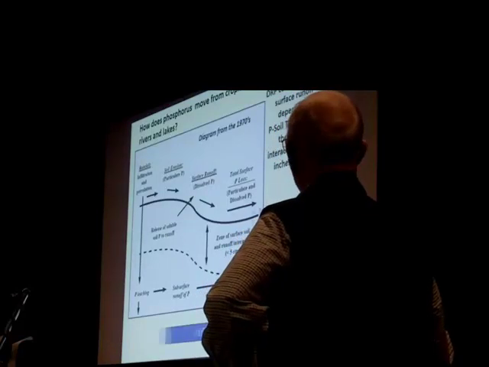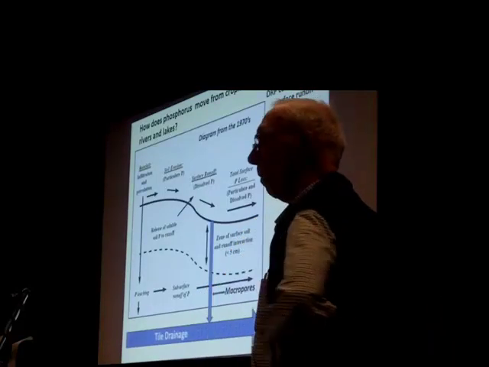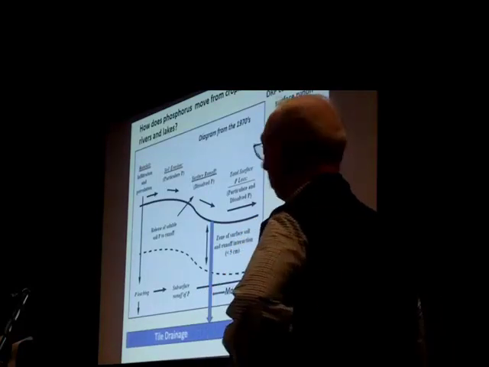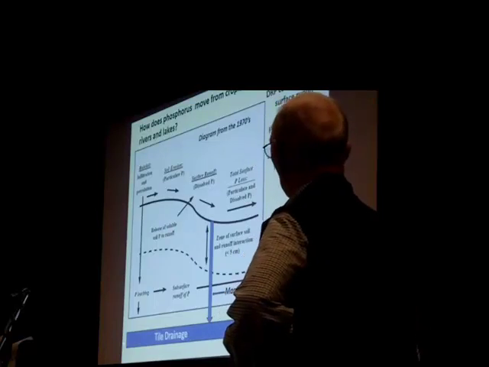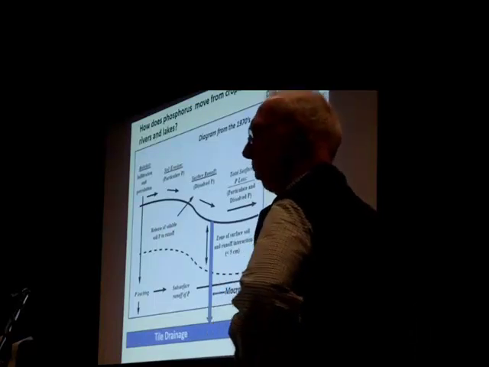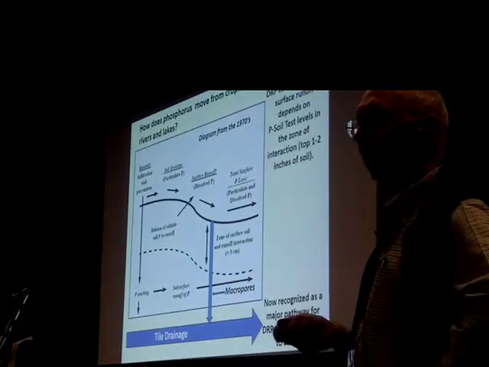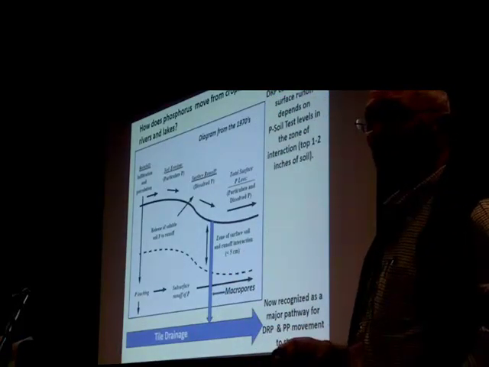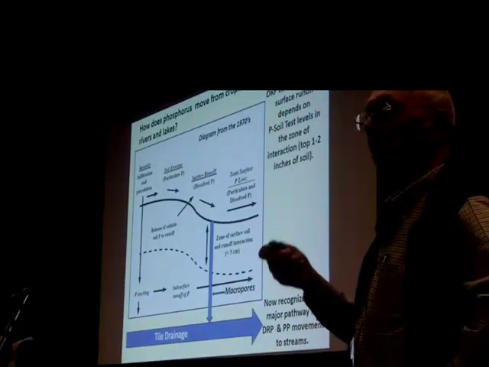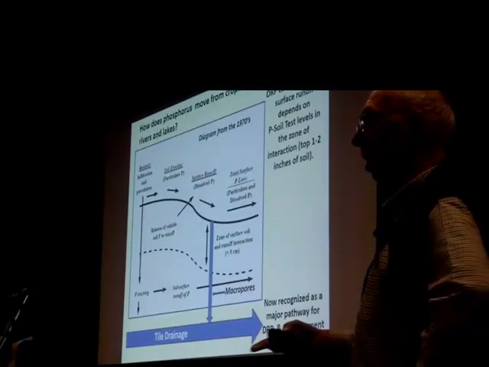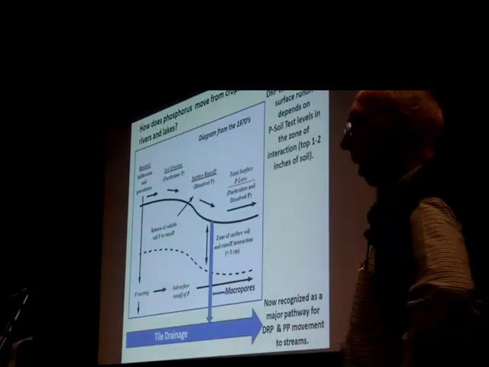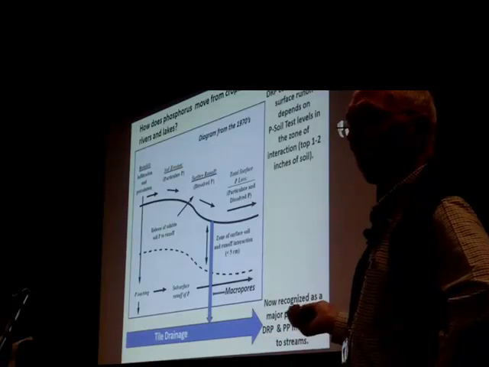We also now know that a whole lot of the phosphorus that's coming into our streams is actually going through macropores down to the tile drainage line, and some of the recent research has shown that the bulk of the dissolved phosphorus and even a large share of the particulate phosphorus is moving through these macropores down to the tile lines and coming out the tile. It used to be that only the nitrate came out the tile.